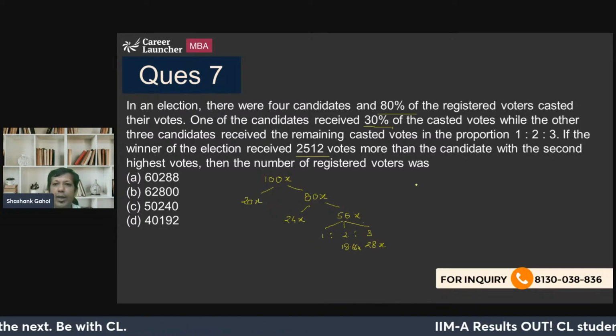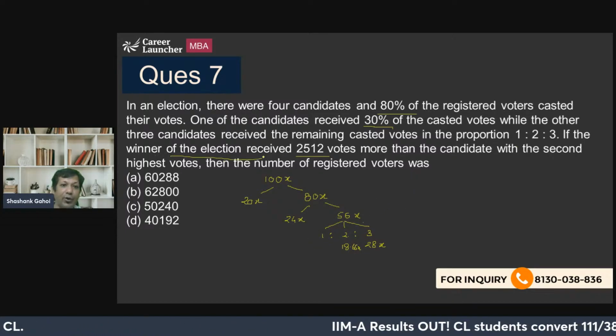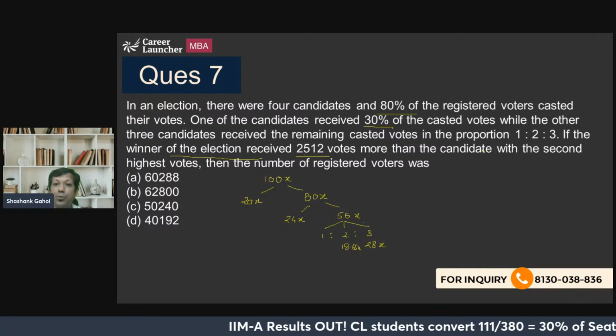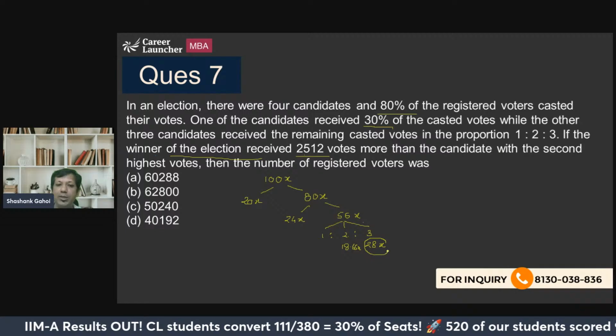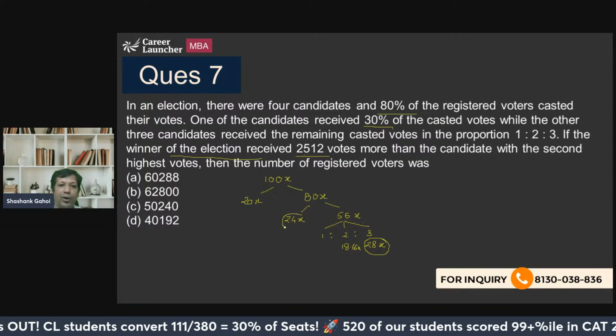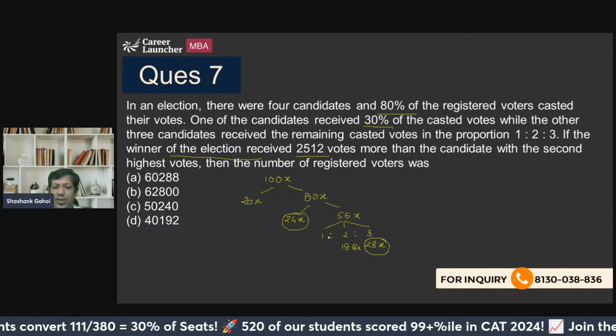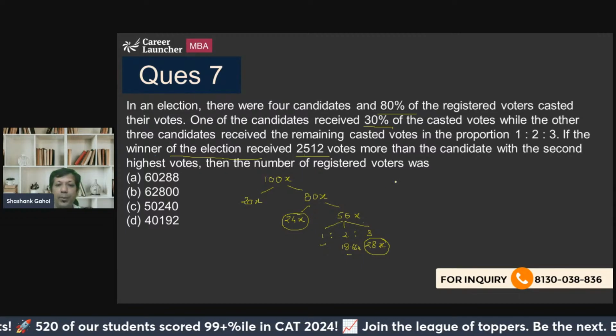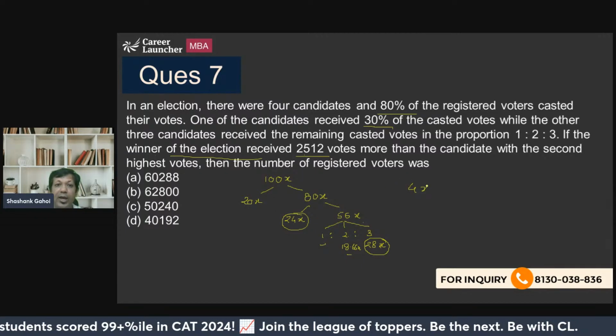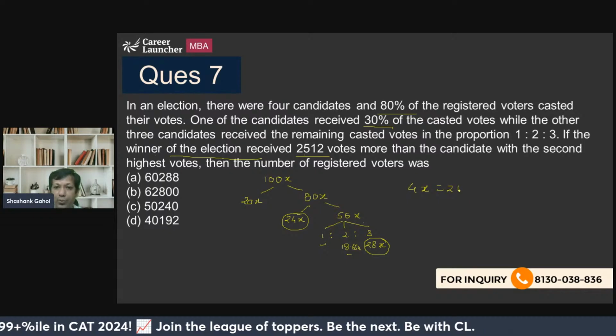Now it says the winner of the election received this much more than the second highest. The winner is definitely going to be this, the second highest candidate is going to be this, this is the third one, and this is the fourth one. The difference of these two candidates is 4x, and that is equal to 2512.